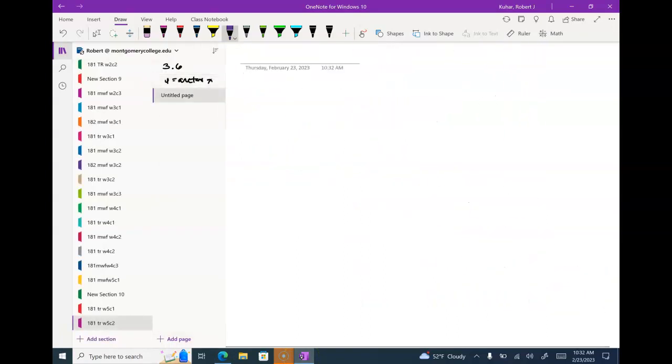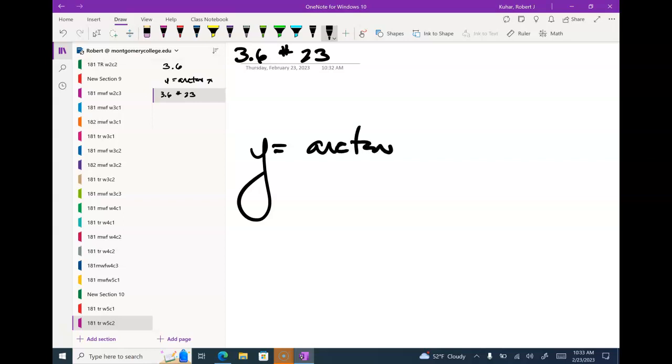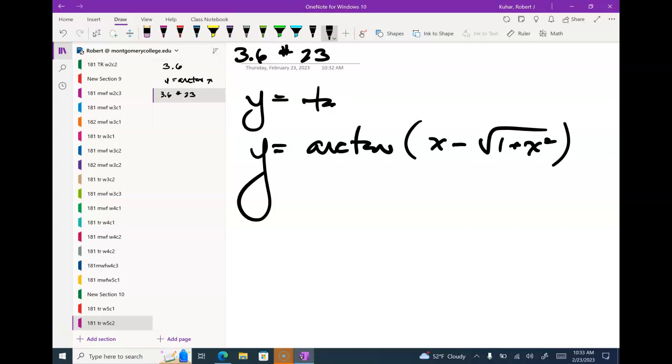So this is 3.6, number 23. I've got y equals the arctan of x minus the square root of 1 plus x squared. And again, inverse tan or arctan are the same thing. The book has it as inverse tan, but I don't like using that notation. They mean the same thing. On your calculator, it's written this way.